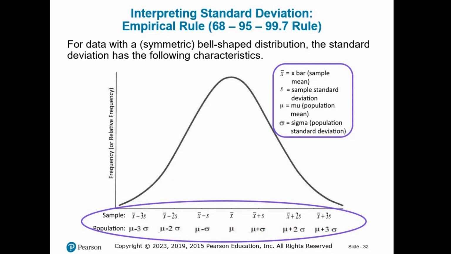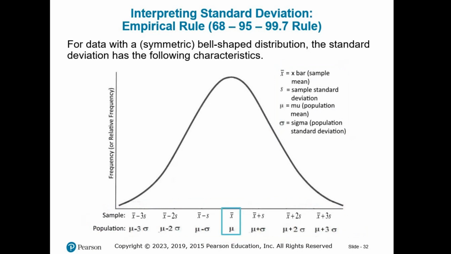So if you look at the bottom center of the graph, you'll notice the two notations for the mean, X bar for the sample mean and mu for the population mean. As you move out a unit, you are actually moving one standard deviation away from the mean. That's why it says X bar plus S: the sample mean plus the sample standard deviation.